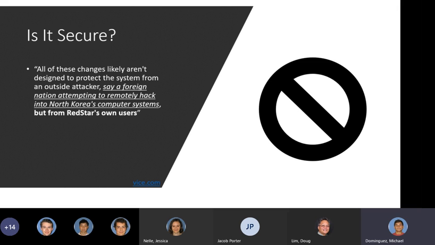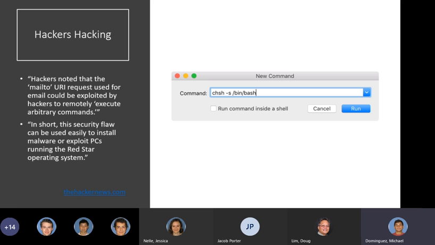I found another article from thehackernews.com that talked about how one group, I think it's called Hack House or something, used a mail URI request to run commands on the operating system itself.